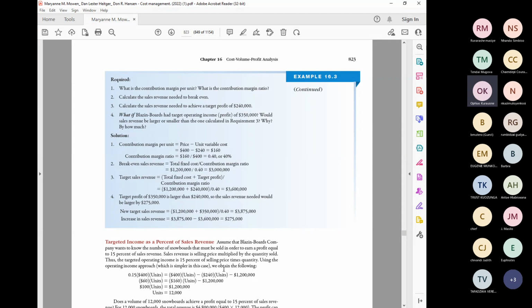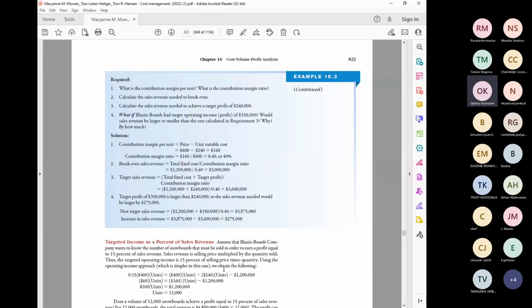Don't waste your time raising your hand to tell the invigilator that you are looking for a formula book. You become a laughing stock. So this is the formula you are supposed to know: total fixed cost, that is 1,200,000, divided by contribution margin ratio 0.40. It becomes 3 million.